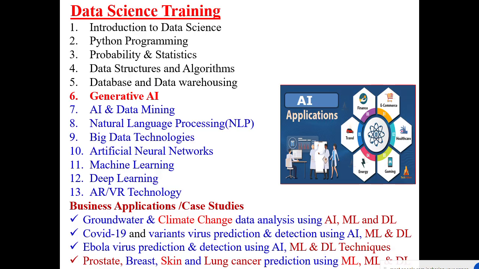The first is a health data application like COVID-19 and Omicron virus prediction and detection using artificial intelligence and machine and deep learning techniques, and Ebola virus prediction and detection using AI, ML and DL techniques, and prostate cancer, breast cancer, skin cancer and lung cancer prediction using machine and deep learning techniques, and groundwater and climate change data analysis using artificial intelligence, machine learning and deep learning applications.